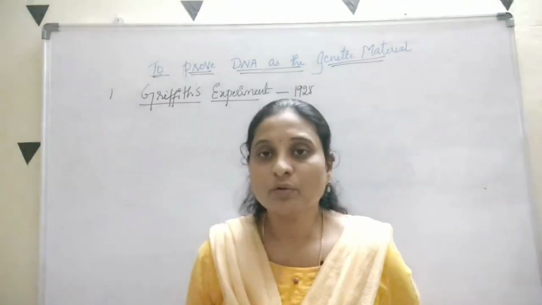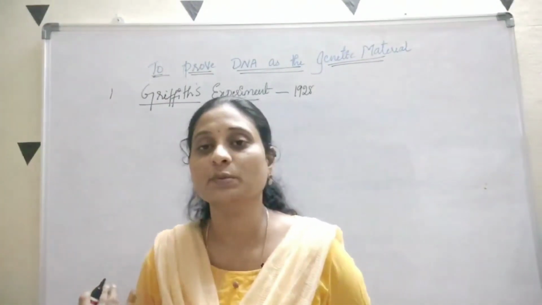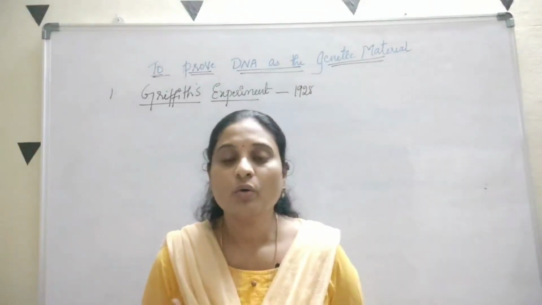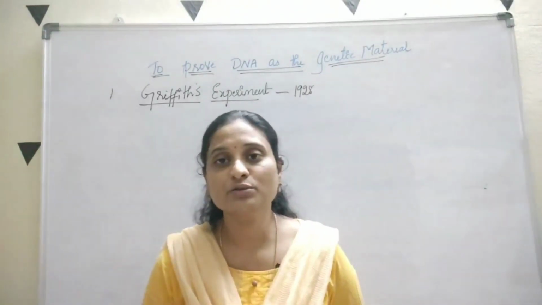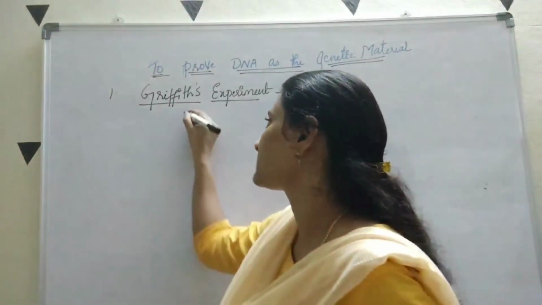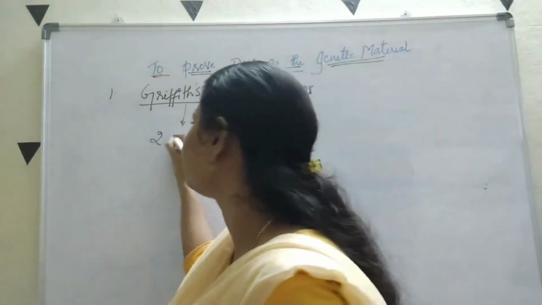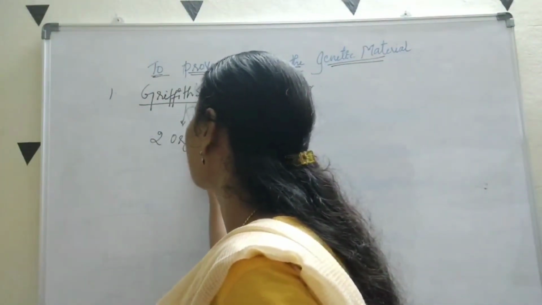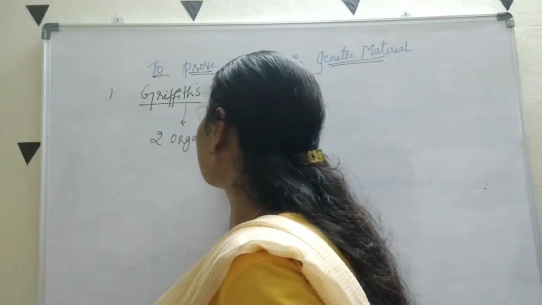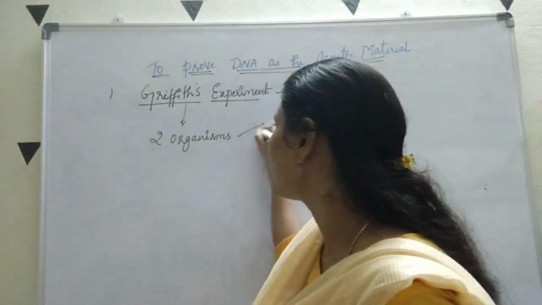Before going to know about this experiment, its conclusions and everything about it, first we should know what Griffith has exactly used to carry out his experiment. He used two organisms. What are those two organisms?